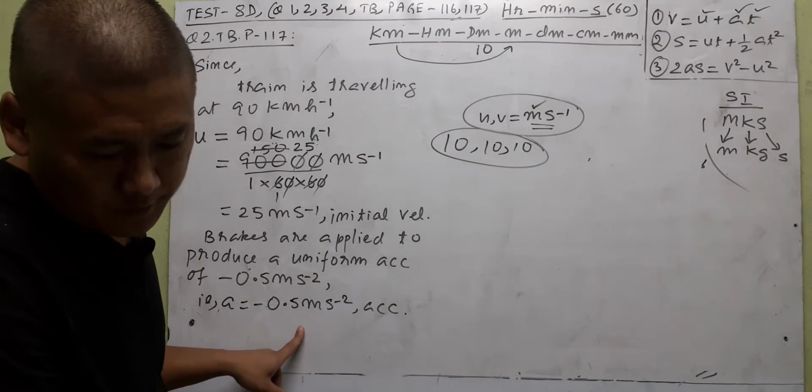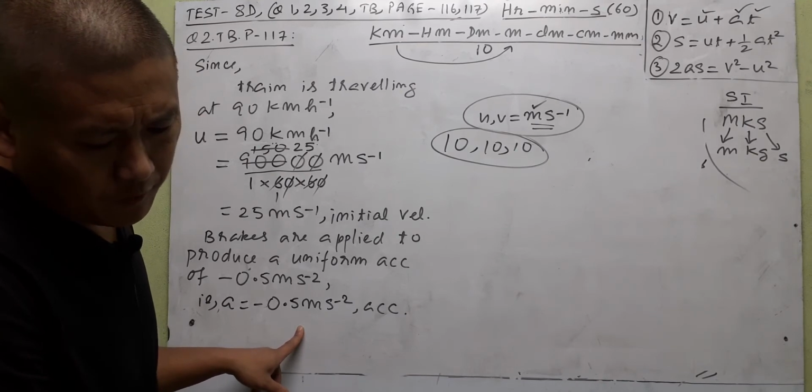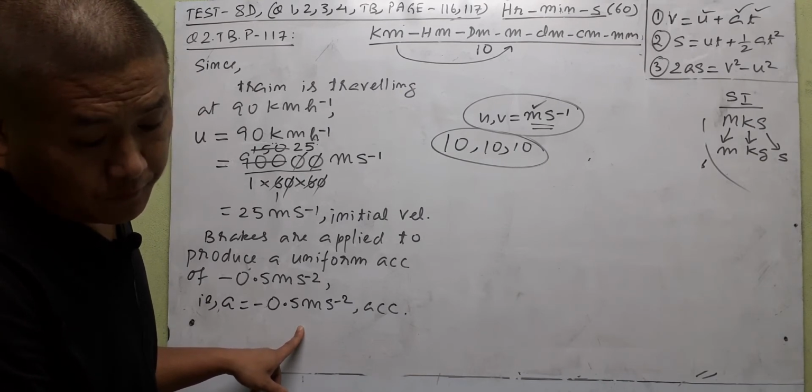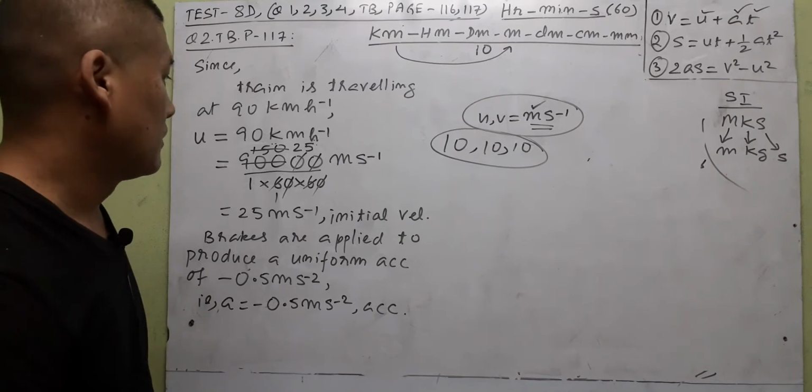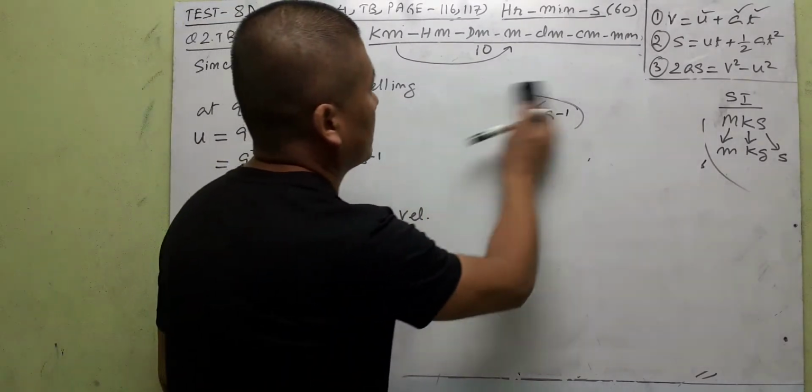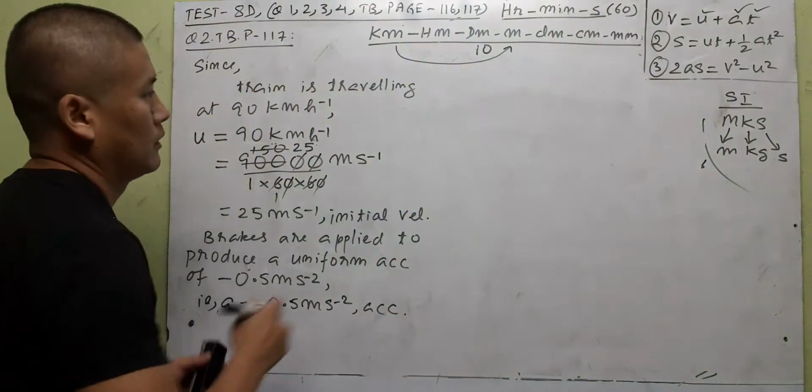Now if you go back, the question is saying find how far the train will go before it is brought to rest. So one way to solve this is simply like this.